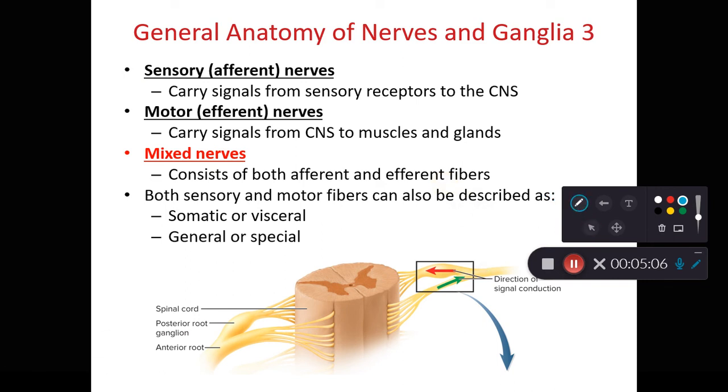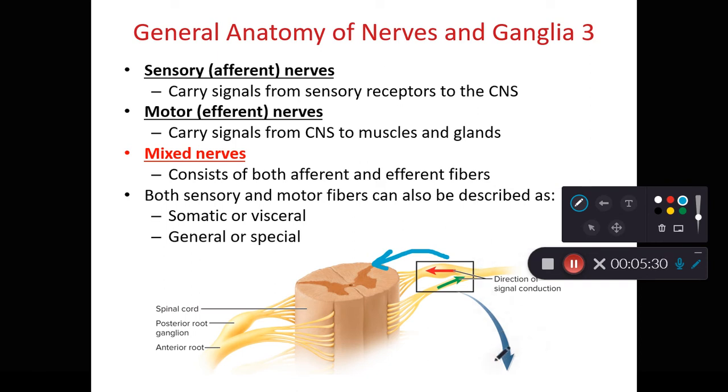So, as we're looking at our nerve fibers, we have sensory and afferent nerve fibers. And these nerve fibers or nerves will carry information to and from the central nervous system. Afferent nerve fibers go towards the central nervous system, and they are going to enter through the posterior of the spinal cord. So they're going to primarily enter through the posterior rootlets.